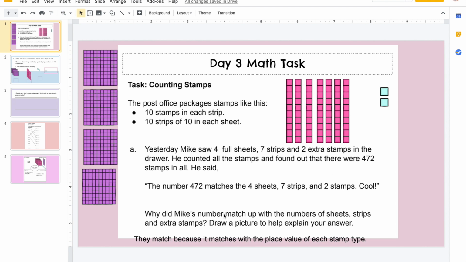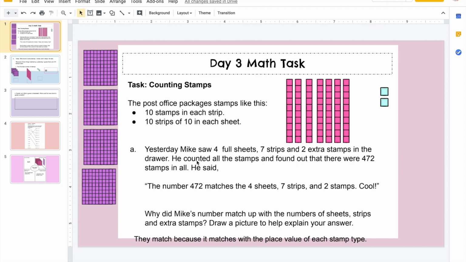So why did Mike's number match up with the numbers of sheets, strips, and extra stamps? Drawing the picture is going to help you understand that a little bit better, but also using those base 10 blocks to represent those stamps. And our answer simply is they match because it matches with the place value of each stamp.